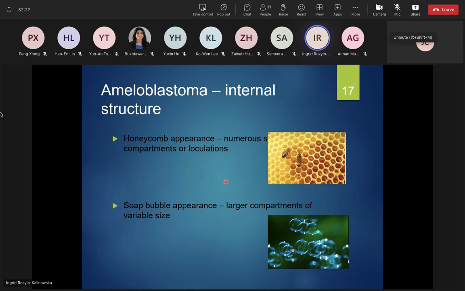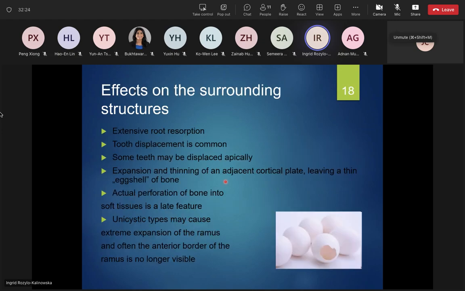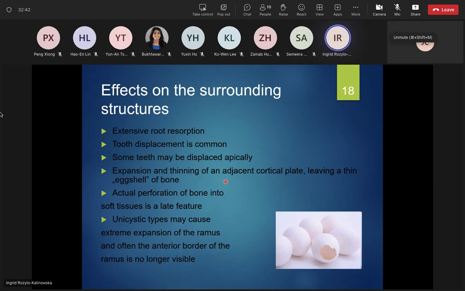This honeycomb appearance can also be reported in case of myxoma, and well, myxoma is less frequent than ameloblastoma. So the effects of an ameloblastoma on surrounding tissues definitely include root resorption, but also tooth displacement is possible.